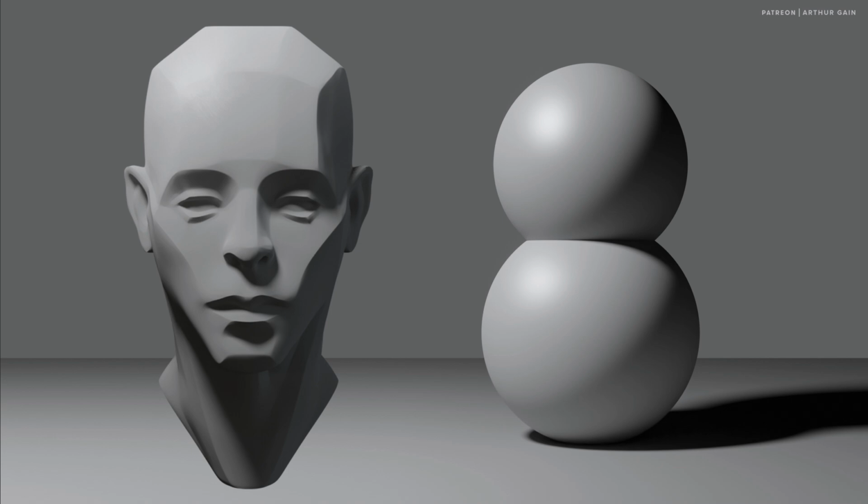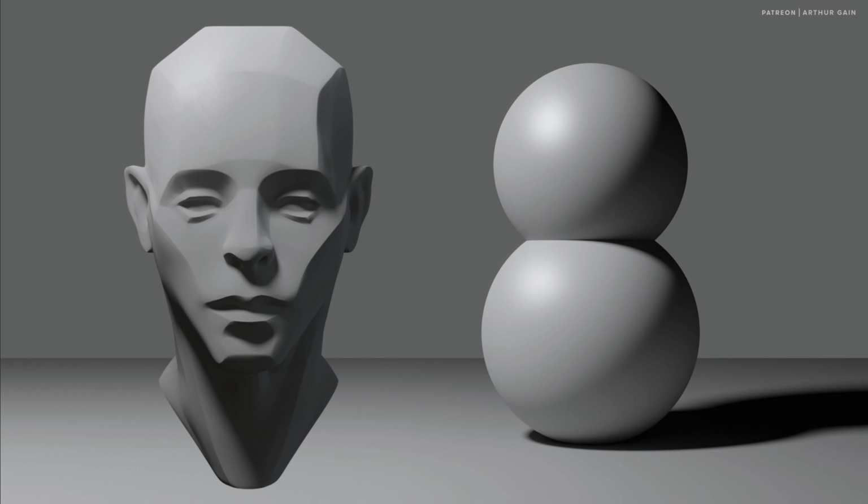Okay, so let's talk now about the planes of the head and importance of the light. With landmarks, we can start to build kind of a grid.